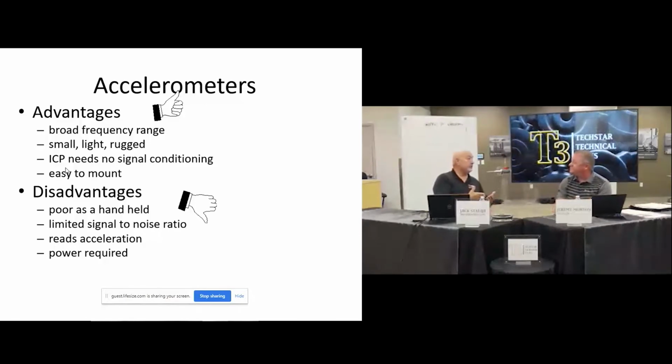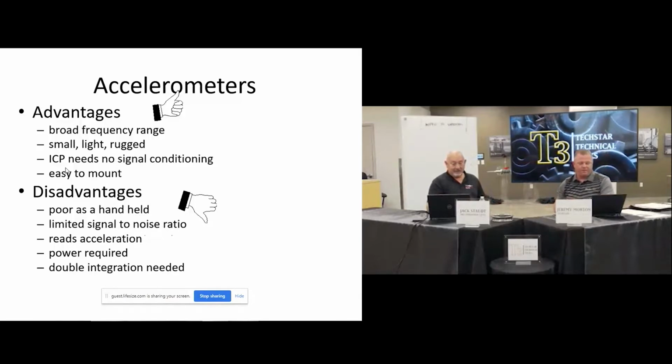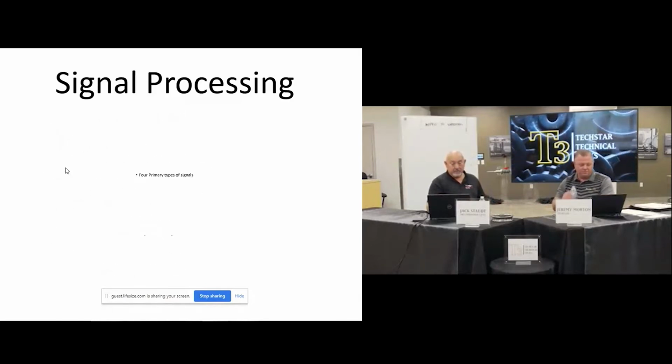That's right, and they'll have their model number. Like I'll give a shout out to Wilcoxon out there. They have their 793, and then they may have their 793V. Oh, so that's their velometer version. That's right. Something to keep in mind. Like I said, double integration needed.